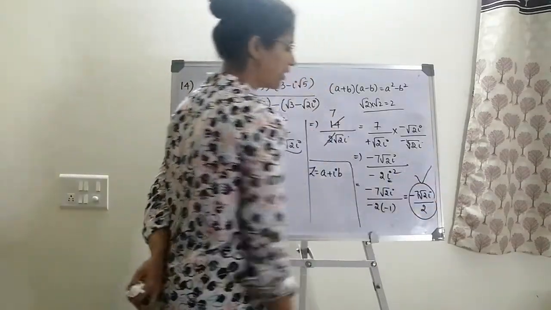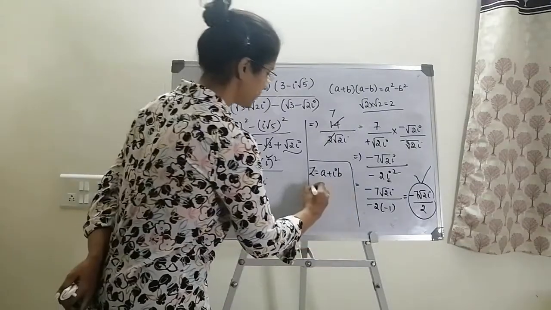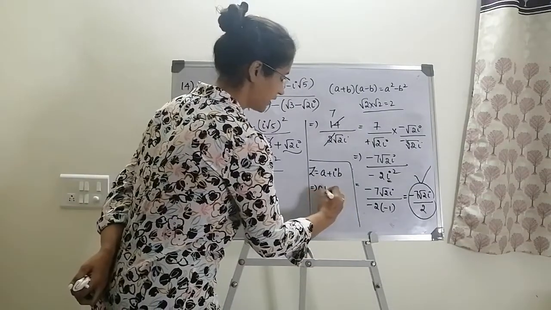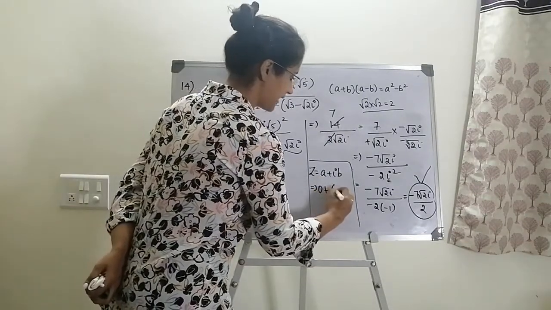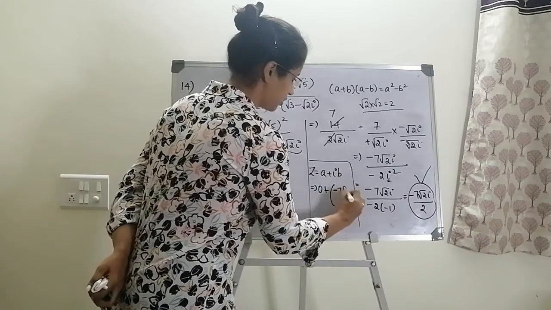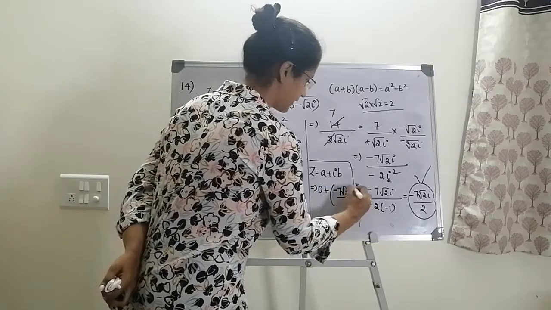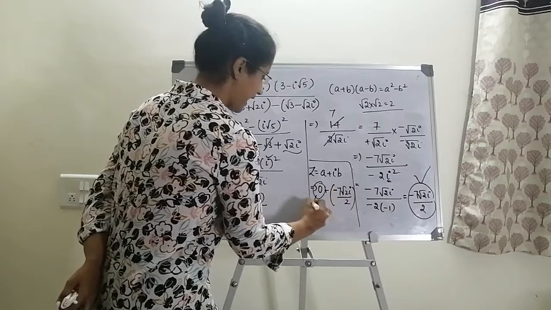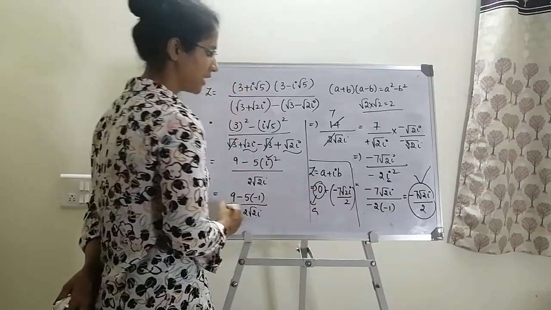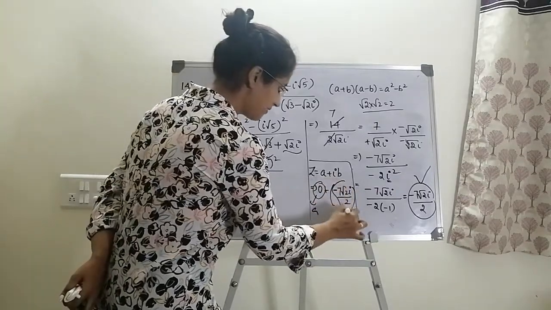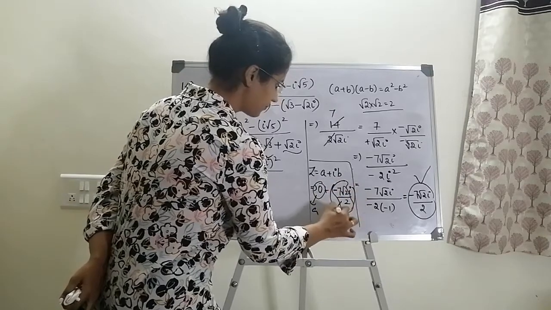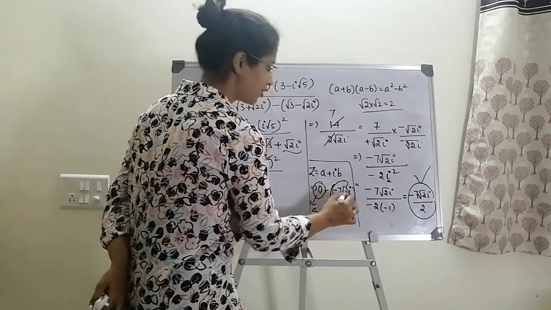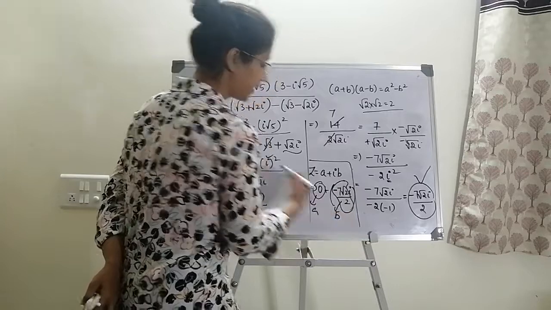Since I have only an imaginary term here, I will write this as 0 plus minus of 7 root 2i divided by 2, where a value is equal to 0 and b value is equal to minus 7 root 2 divided by 2.